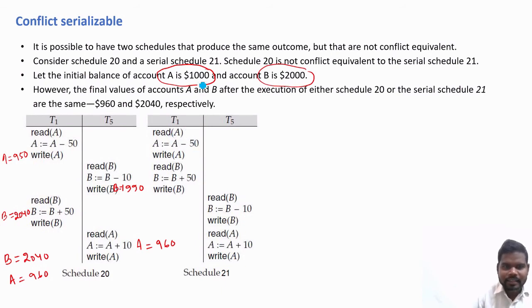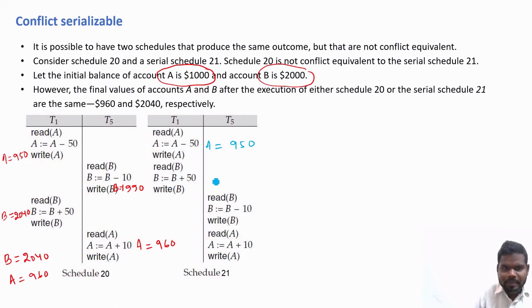Here read A. The initial account balance of A is 1000. So A is equal to 1000 minus 50, which is 950, and it will be written in the database. Read B, 2000 will be read.